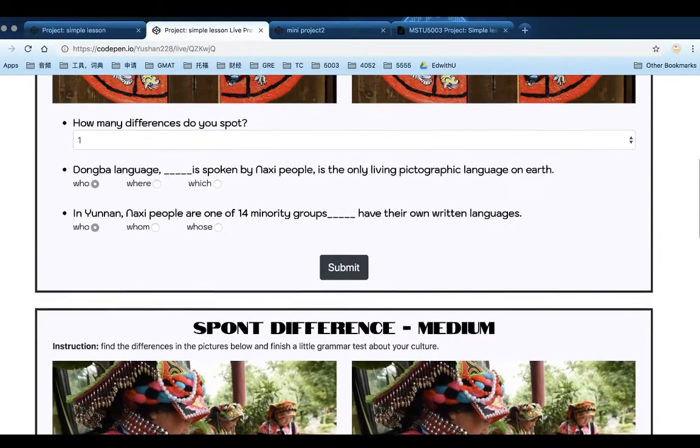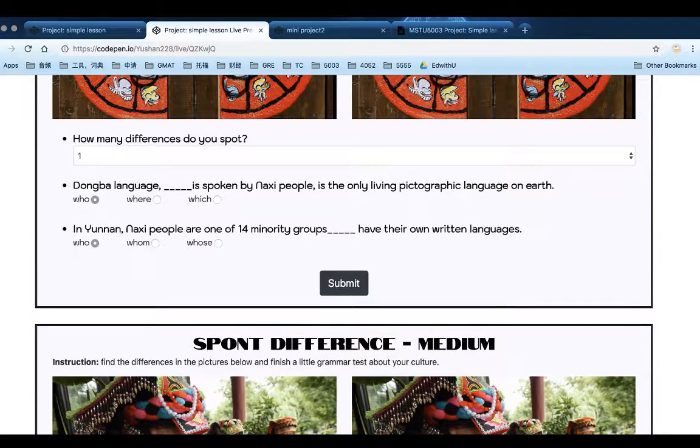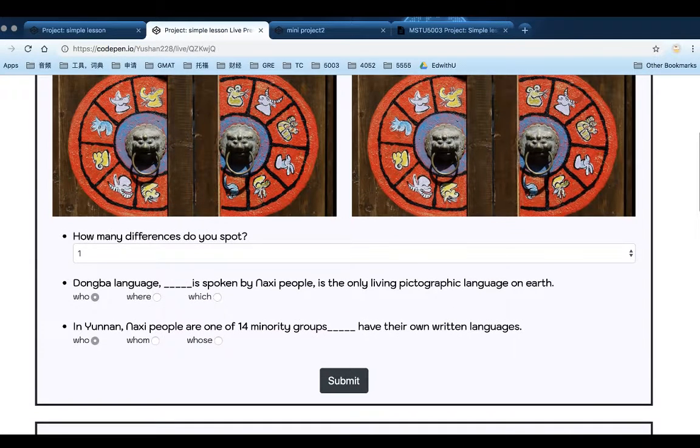Also, in each level, in addition to spotting the differences, students are required to finish two grammar tasks about the use of subordinate clauses. The sentences used in the grammar tests all describe cultural facts regarding the relevant picture in that game level.